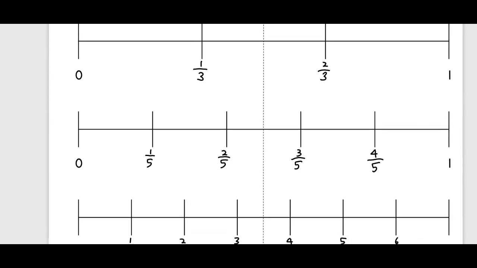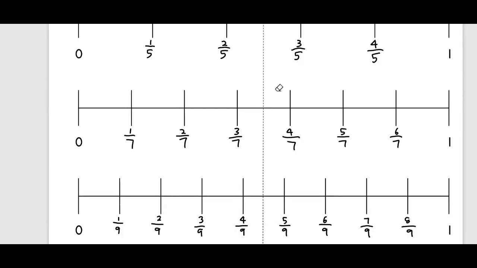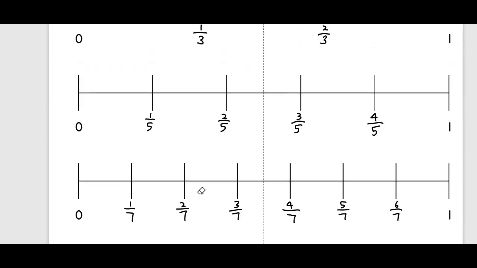Okay, so let's look at our question again. We want 2/7 and 3/5. So 2/7 and 3/5 both have odd denominators. If you see here, 2/7 is on the left of the dotted line, which means that it is smaller than half. 3/5 is on the right of the dotted line, which means that it is more than half.